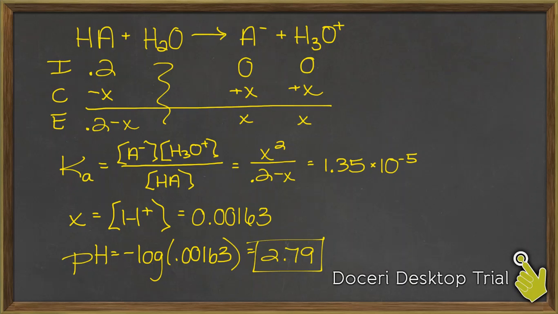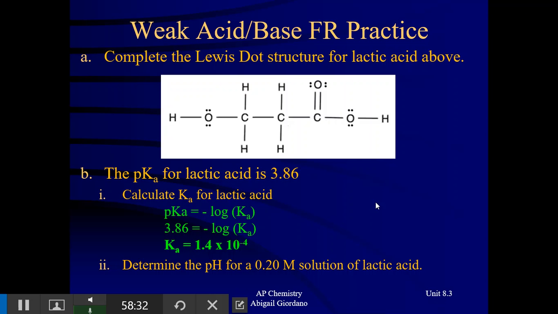I filled in my ICE table and my equilibrium expression, I solved it, I found x, which I knew was equal to H plus, and I was able to solve for the pH. Does my final answer make sense? Yes, it does. This is a weak acid. The pH is in the acidic range.